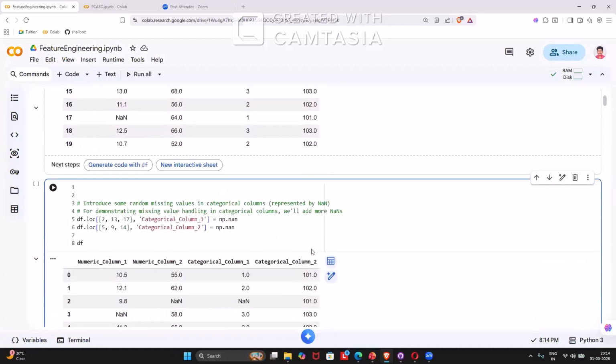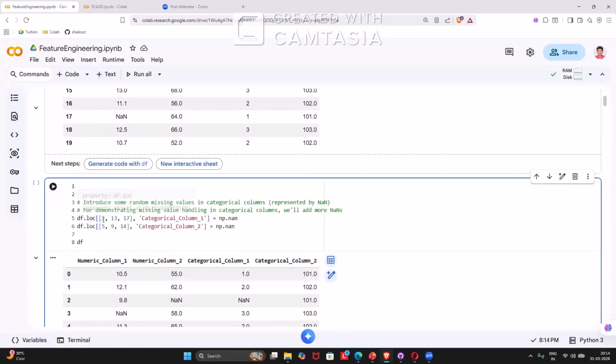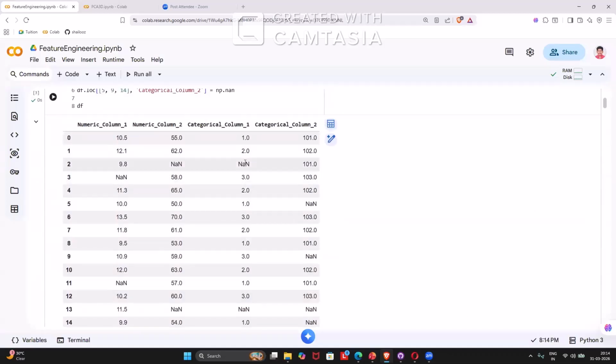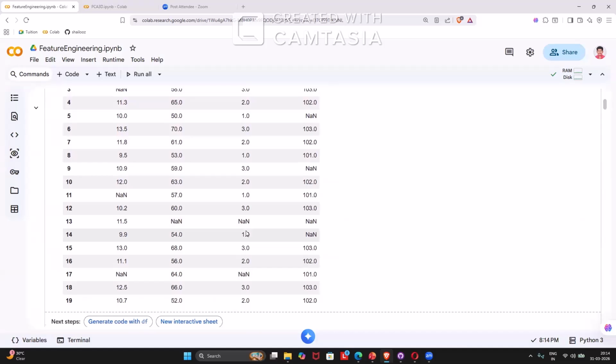So I'm inducing some null values at the second row, third row, and seventh row for the third column, and fifth row, ninth row, 14th row for the last column. After that, you can see there are more null values here, which are called NaN.